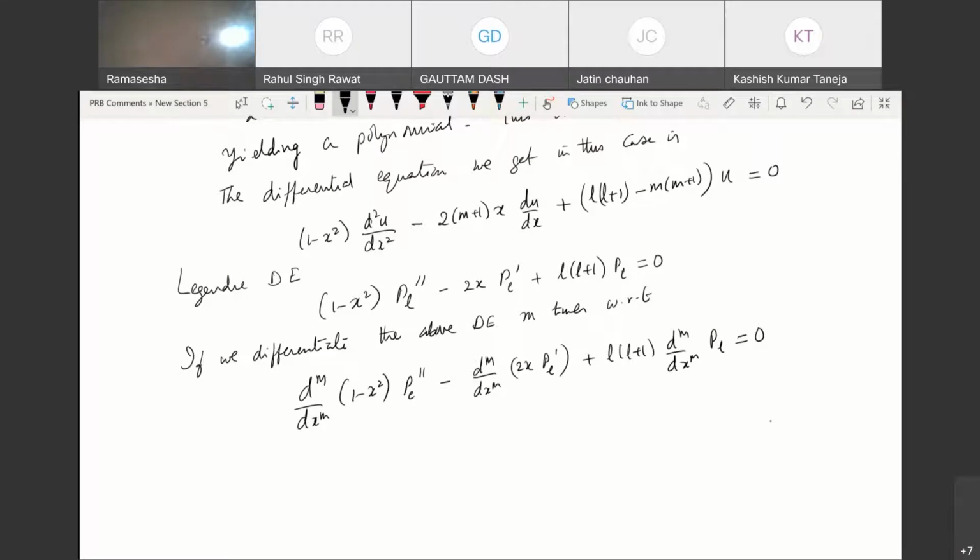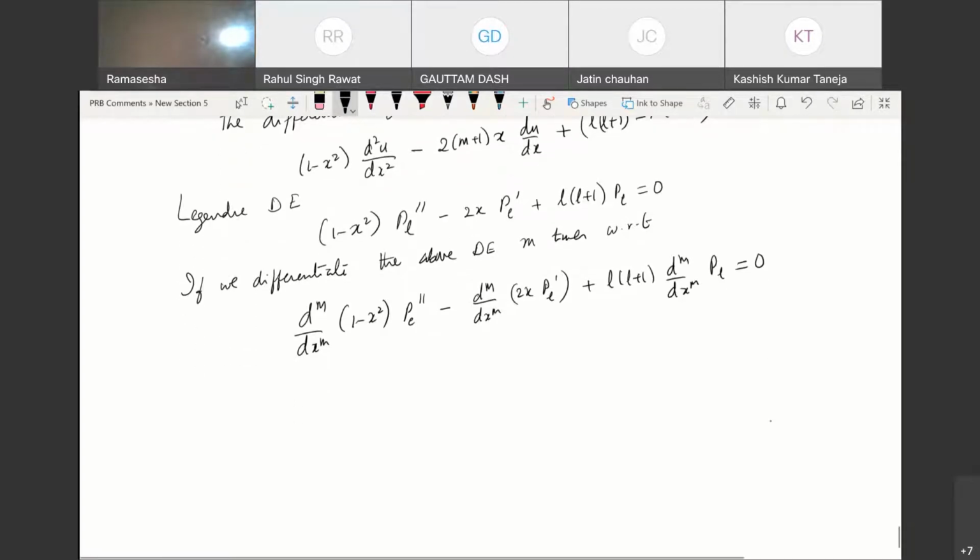So if you use the Leibniz rule, then what you get is 1 minus x squared into d m plus 2 P L by dx m plus 2, and so on.